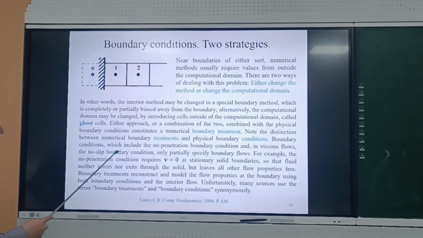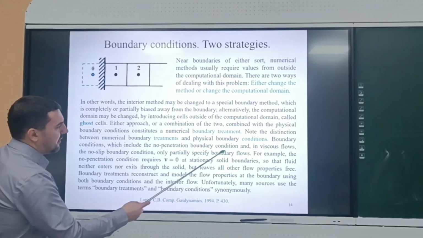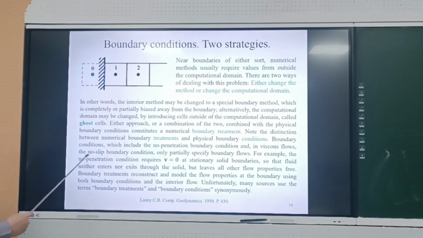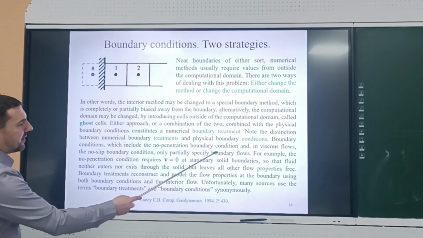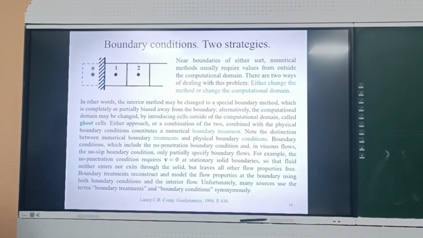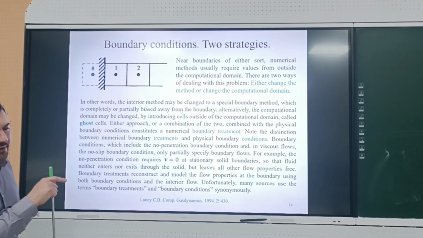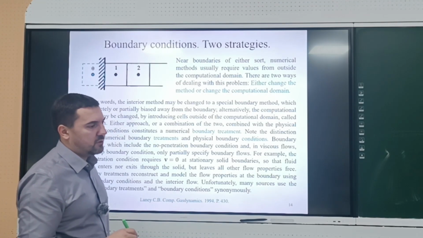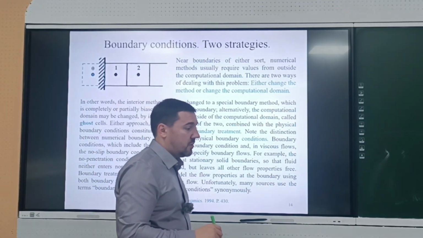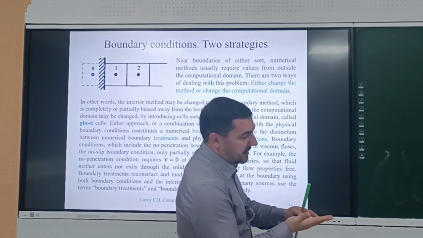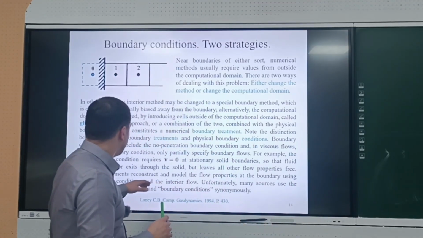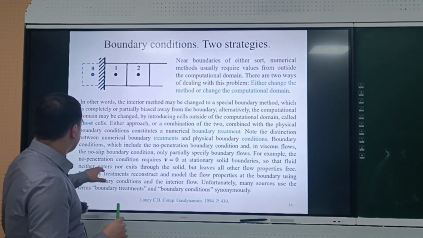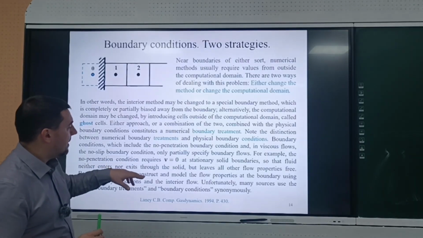This is just an example. Boundary conditions include the non-penetrating boundary condition, and in viscous flows, boundary conditions only partially specify the flow at the boundary. For example, maybe one of the last lectures will be about the numerical solution of Navier-Stokes equations. When you solve the Navier-Stokes equations, the typical boundary condition is the so-called no-slip condition.